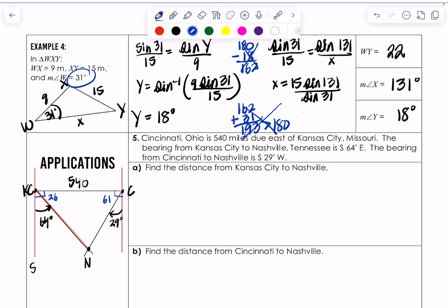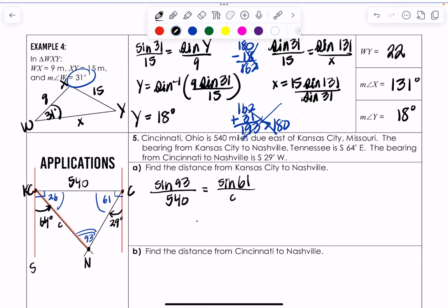Because if this is 26, it's 61. Oh, I can subtract that from 180 and get this one. So that's 93. Yeah, so now I have enough. So this would be sine of 93 over 540 equal to sine of 61 over, I'm going to call it C because that's the opposite that angle there.